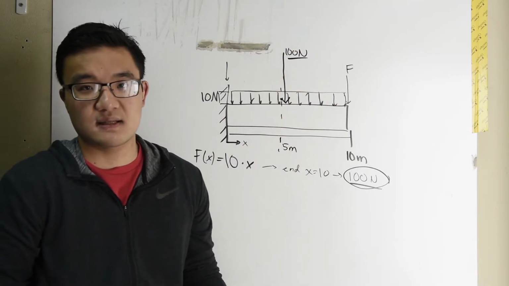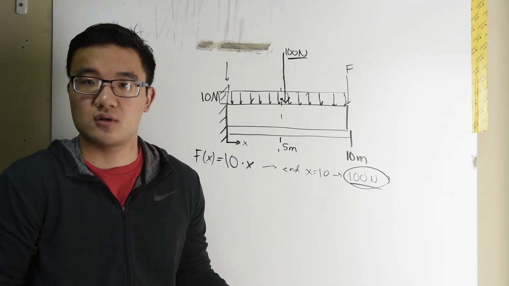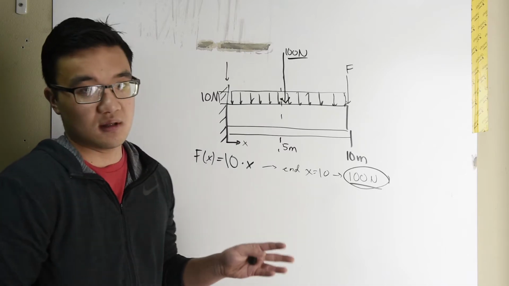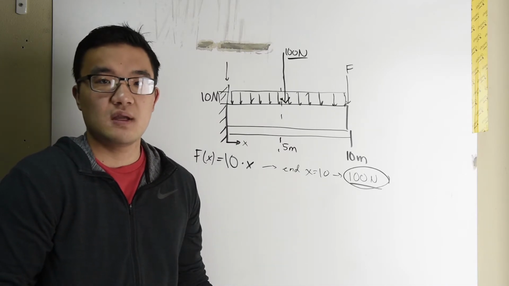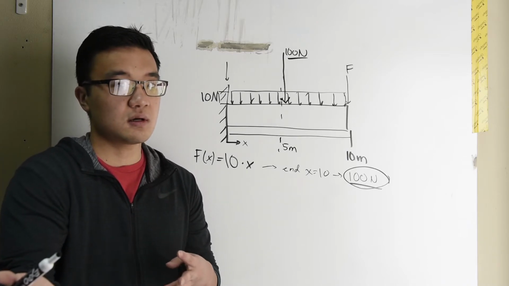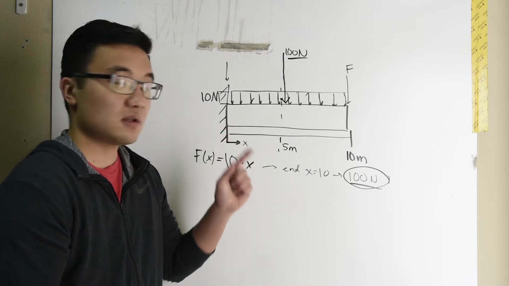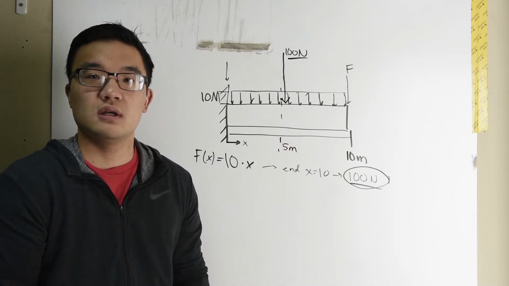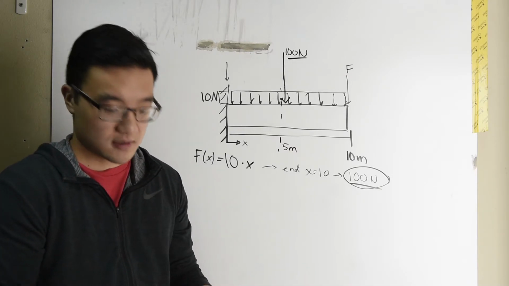And this will vastly simplify my solution when I go to solve. Because now, instead of dealing with a distributed load that's acting at every point, I'm simplifying it down to a point force, which we already know how to deal with, at a specific location, and the location is the centroid or center of load of that distributed force.